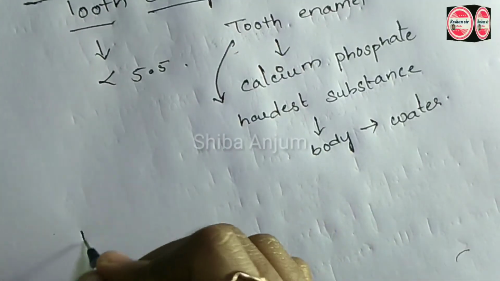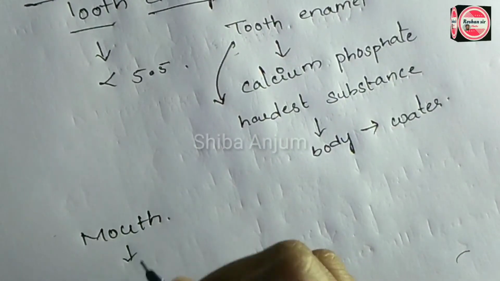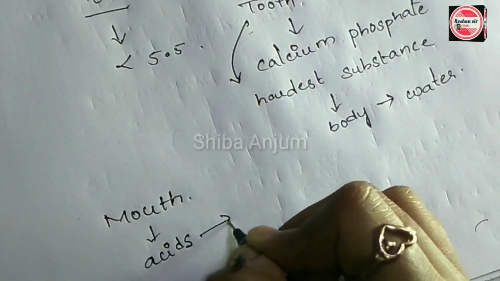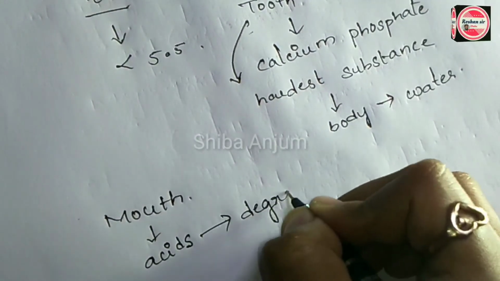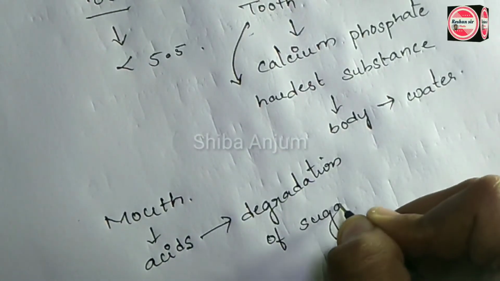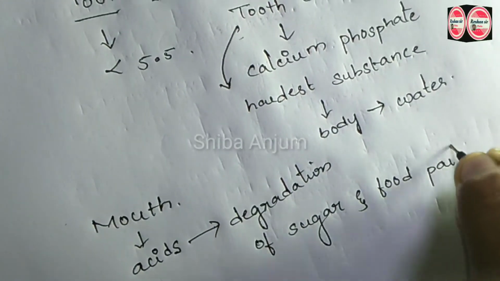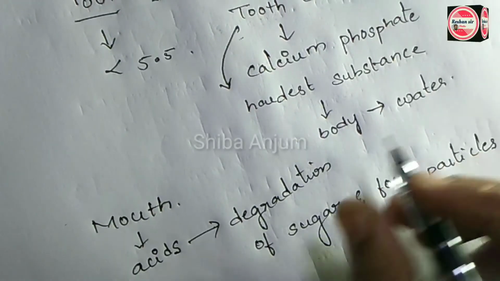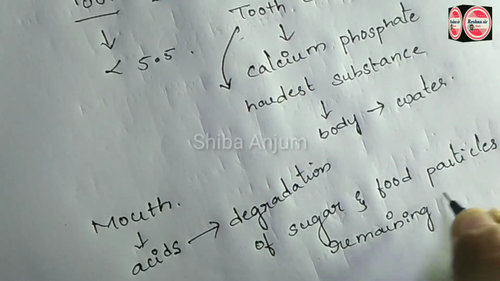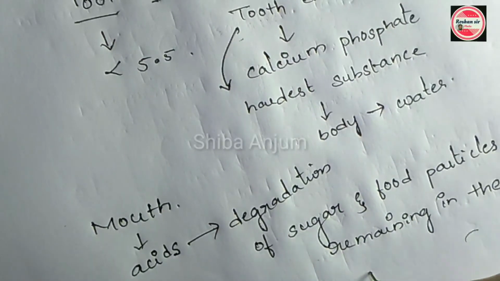The bacteria present in the mouth produce acids by degradation of sugar and food particles remaining in the mouth after eating.